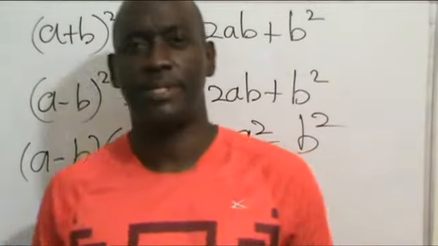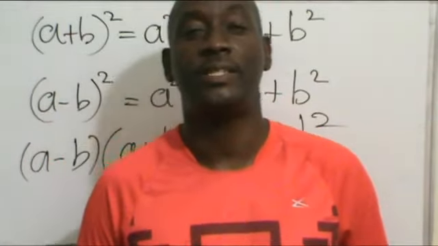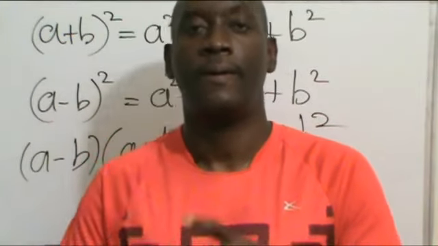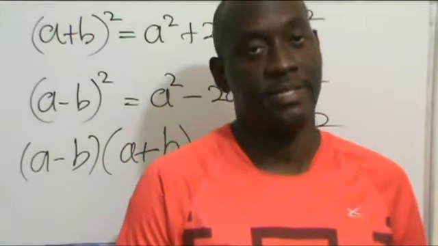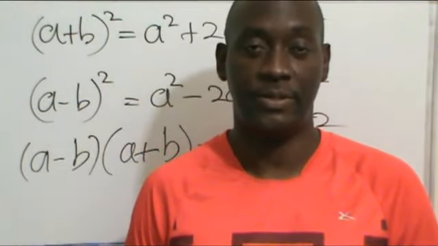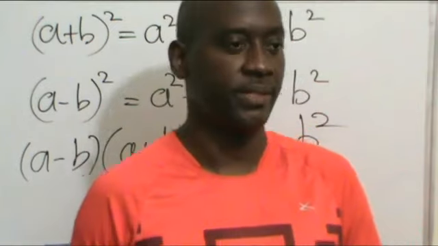A minus B into A plus B, the difference of two squares. A minus B into A plus B is A squared minus B squared. A plus B into A minus B, same thing, which you would have gone through prior to this point in this video, is A squared minus B squared.